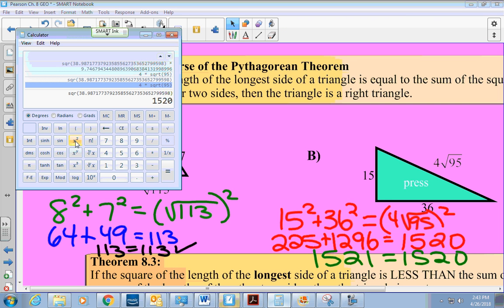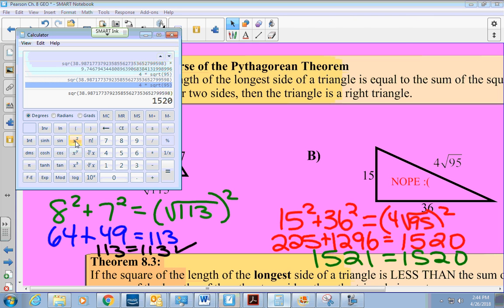And then Devin, go ahead and press that green triangle. Is 1521 equal to 1520?